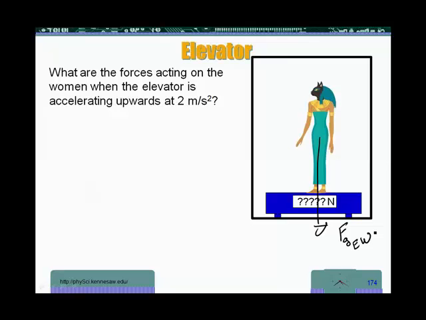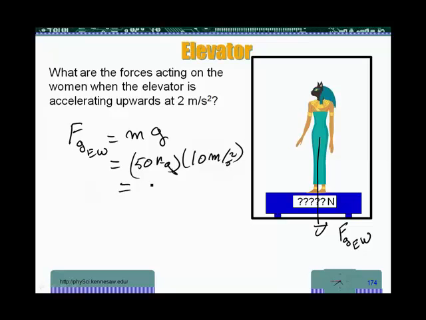The gravitational force on the woman is not going to depend on any way the woman is moving. It's always given by FGEW, which is the mass of the woman times g. In this case, that's going to be 50 kilograms times 10 meters per second squared, and it's going to be 500 newtons in the downward direction. As long as she stays at the surface of the Earth, that's the gravitational force on her.